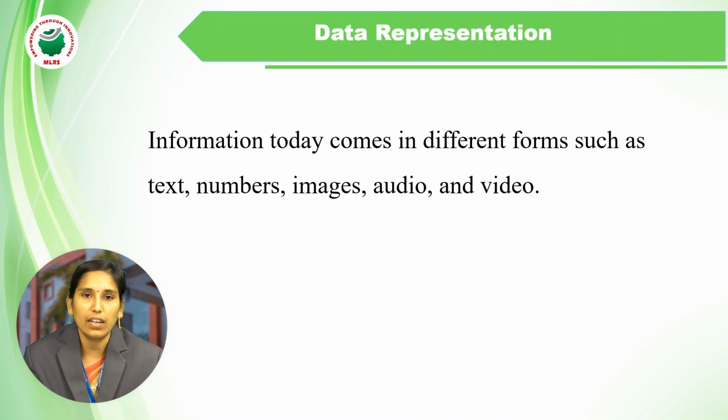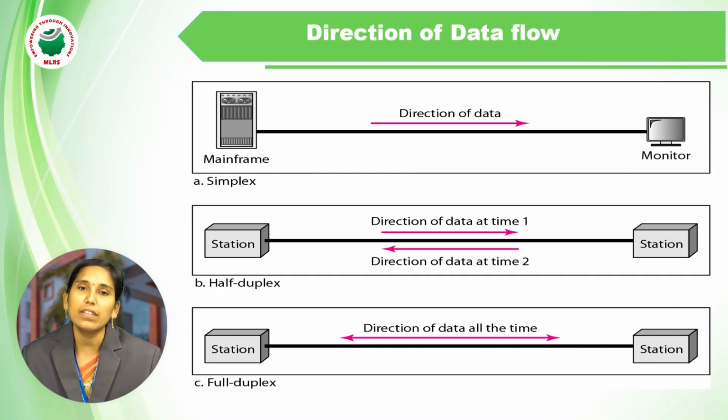This data can be represented in the form of text, numbers, images, audio and video. The next topic is direction of data flow. Previously, we learned about the components of data communication. Now, what is the direction of the data flow? From sender to receiver, we can transmit the data, and the direction in which we transmit the data is the direction of data flow.